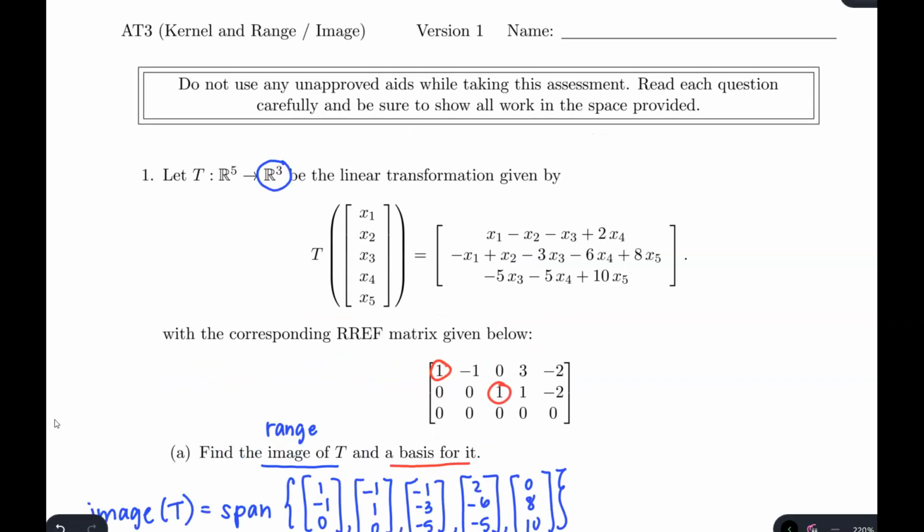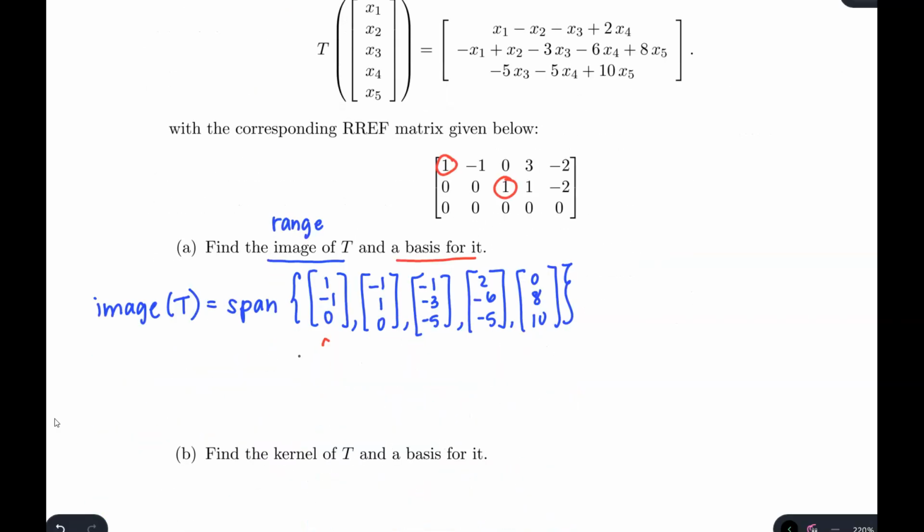So I can just pop one of these out, and I'm still getting the exact same space in my image, because this one here is dependent. Now we see the same thing with our last 2 vectors. Those 2 vectors are linear combinations of other vectors we already have, so we can take these out as well.